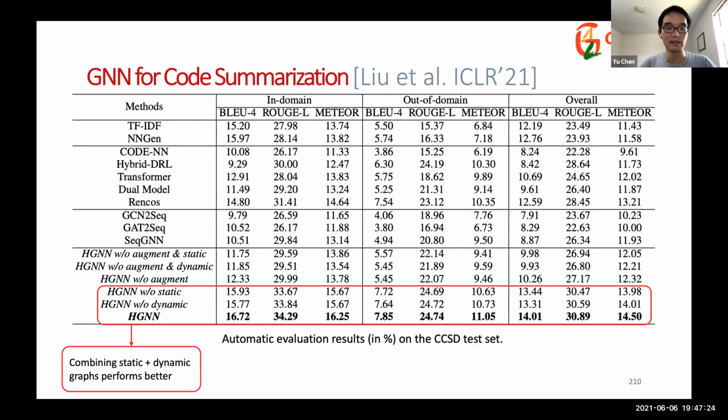The results show that combining static and dynamic graphs performs better than only using a static graph or only using dynamic graphs. So this shows the benefits of combining these two different ways of graph construction, and I believe this is also a very interesting research direction to explore more.